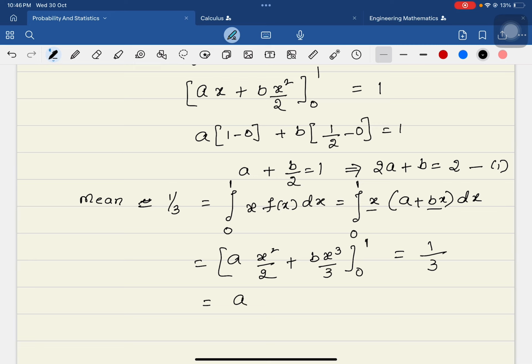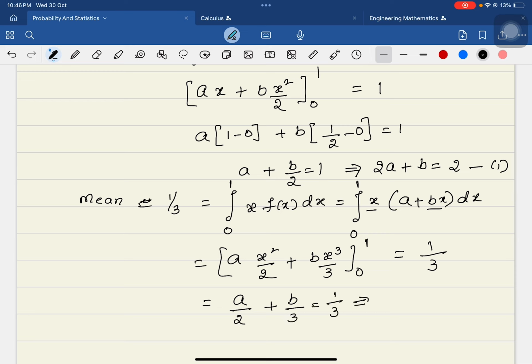So that gives you a over 2, since applying the upper limit minus the lower limit, the lower limit becomes 0, plus b by 3 is equal to 1 by 3.